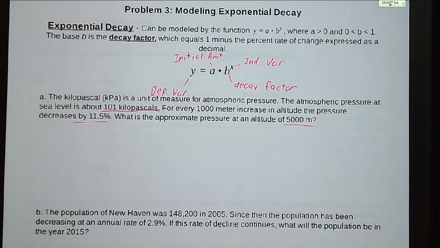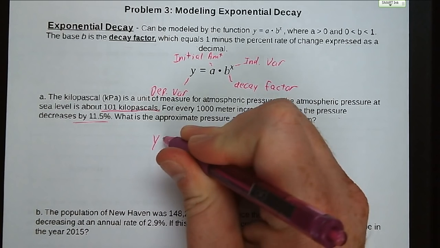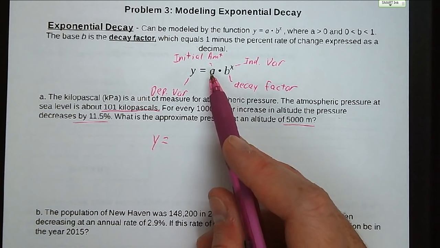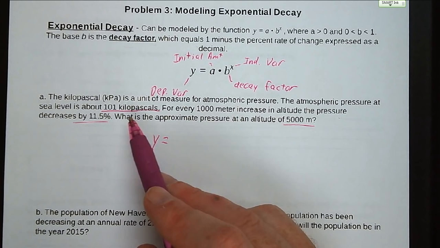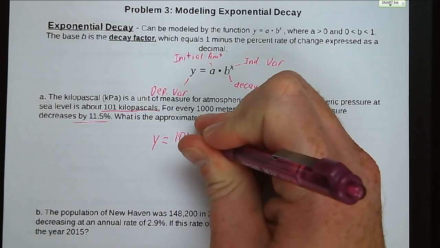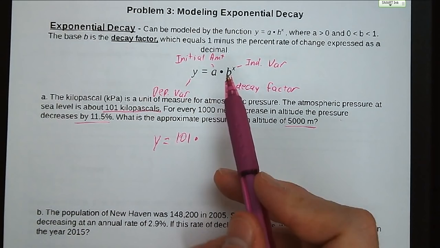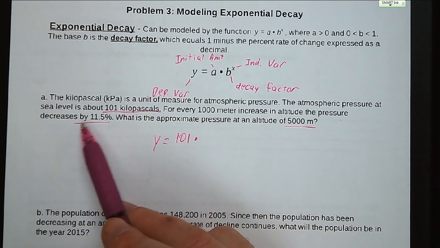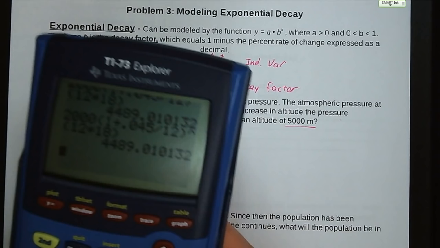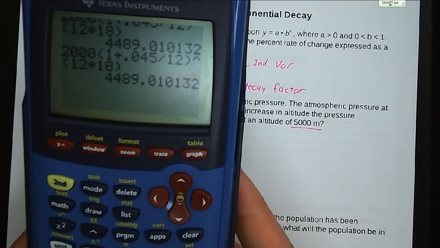So we start off our equation with our dependent variable, y, is equal to our initial amount, which we said at sea level is 101 kilopascals, times our growth factor. We're decreasing by 11.5%. So we have 100% to start with.